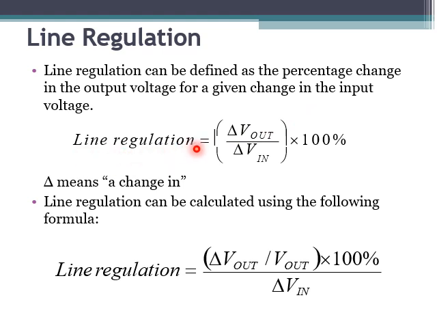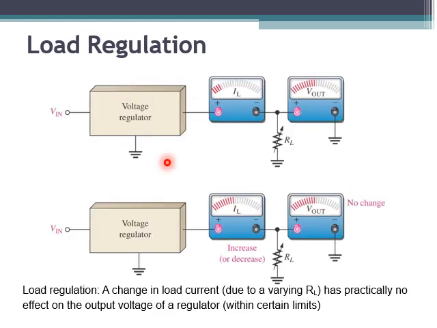So line regulation is ΔV_out over ΔV_in into 100%. Delta means a change in. Line regulation can also be calculated using one more formula, ΔV_out over V_out by ΔV_in into 100%. That is line regulation. You can use either of these two formulas. Okay, right.